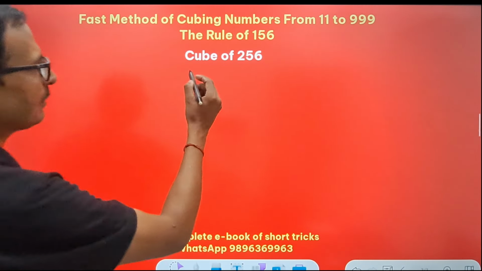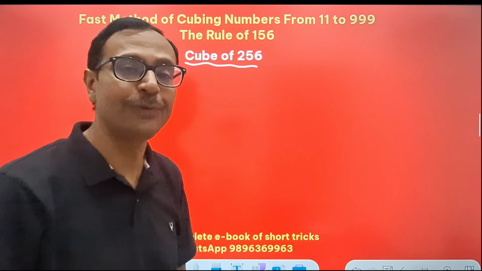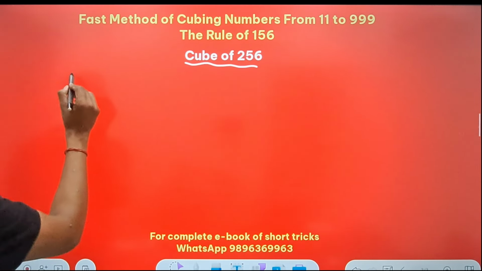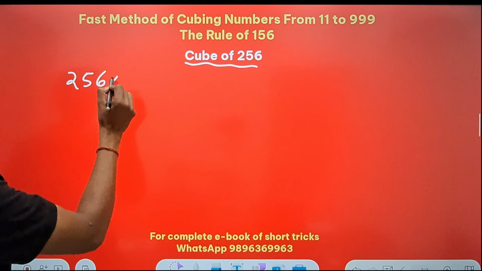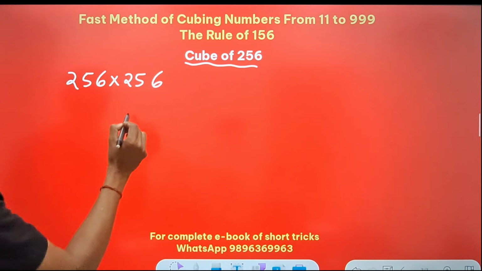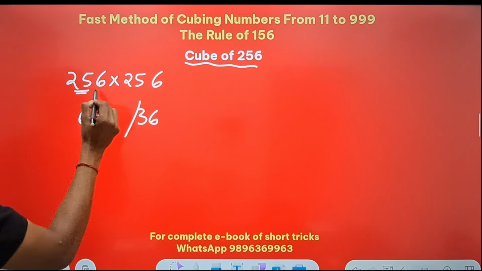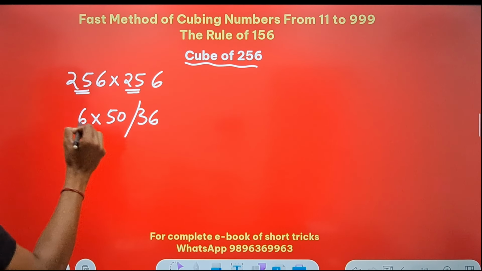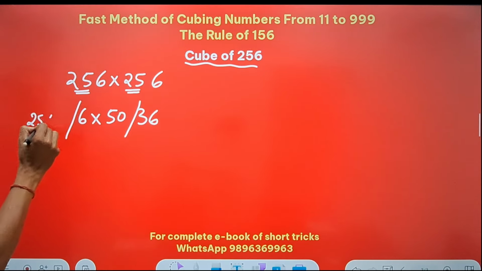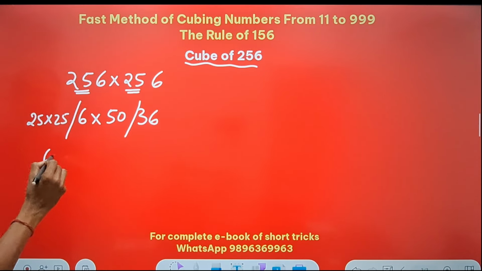Okay. So let's take one more and then we will conclude this. Can we challenge ourselves and find the cube of 256? So you have to do 256 times 256 first, right? So write a 36 and then write 36 times what? 25 plus 25 is 50, and then 25 times 25. So this is 625.